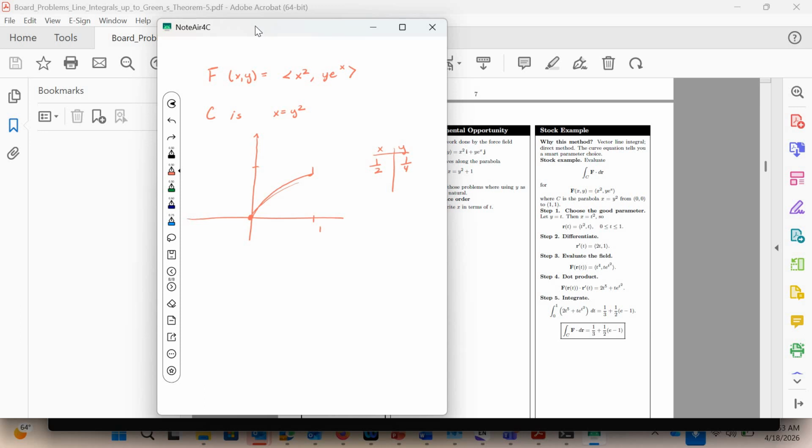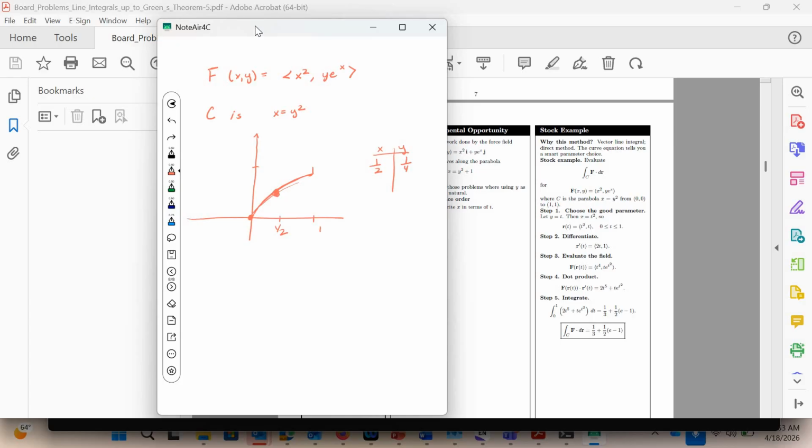Right there, if I plug that into the capital F, I get the x component is 1/4 and the y component is 1/4 e to the... I ran out of room, so let me erase that and rewrite it. Let me do it like this.